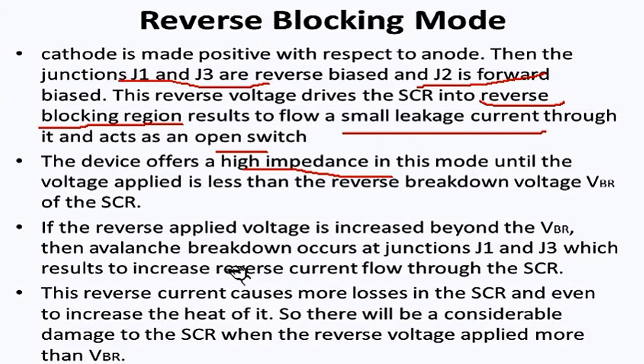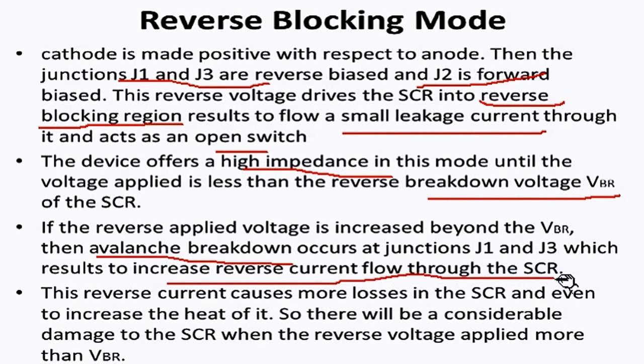So in this condition, when we increase reverse voltage more than reverse breakdown voltage, VBR, SCR junctions are broken down, that is avalanche breakdown occurs in J1 and J3 and increases the current flow through the SCR.